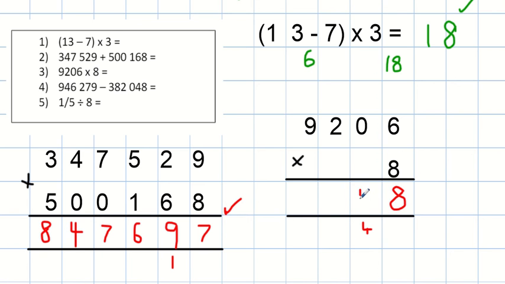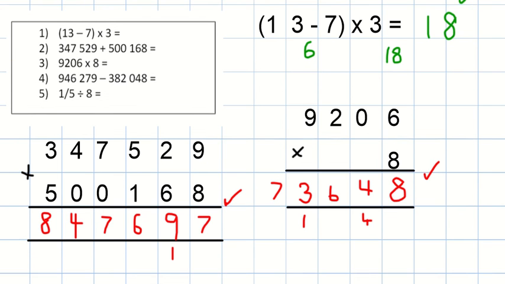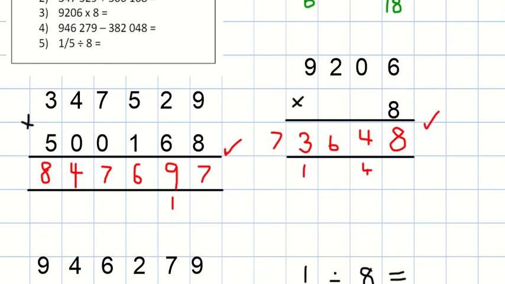Add the 4 we carried is 4. 2 times 8 is, that's right, 16. And 9 times 8, 72. Add the 1 we've carried, 73. So again, I hope you're in agreement with me year 6 and you're giving your work a neat little tick now. If there's something that you weren't sure about or you made a calculation error, please pause the video and have a look at that now.